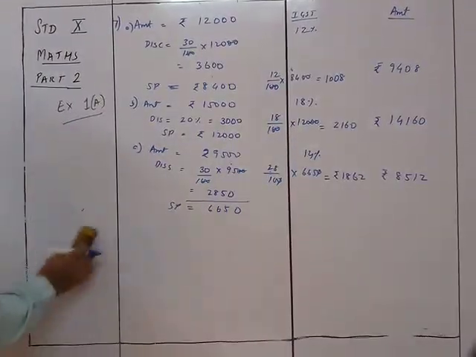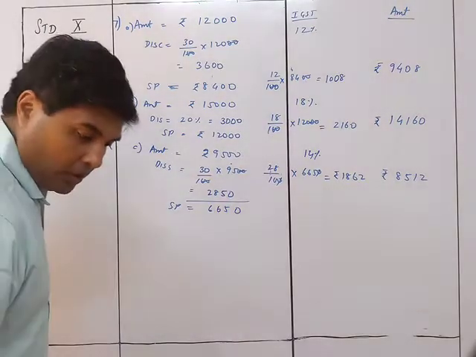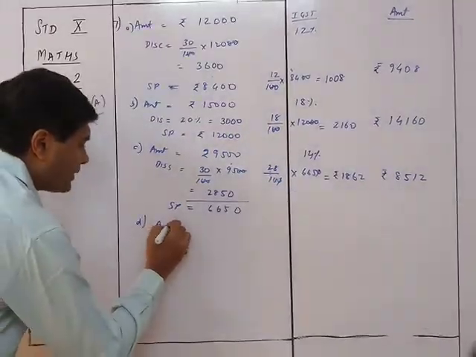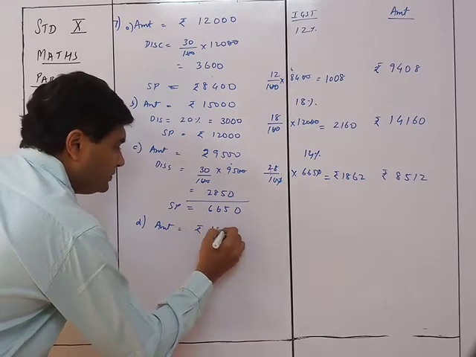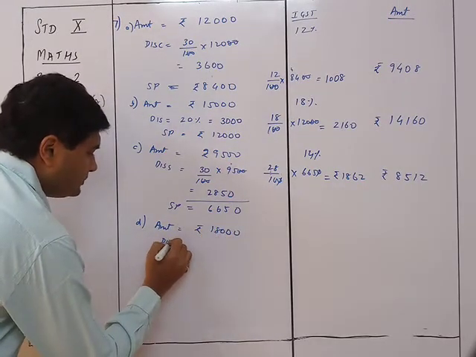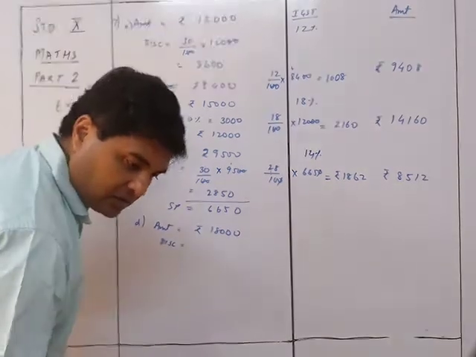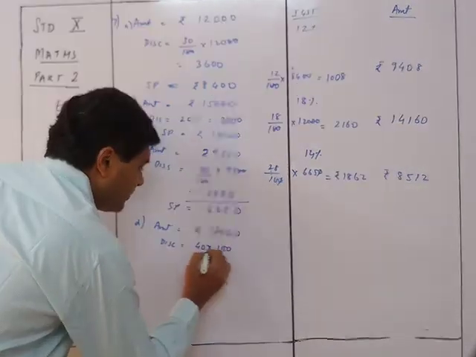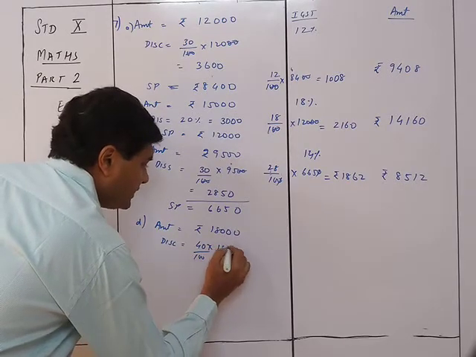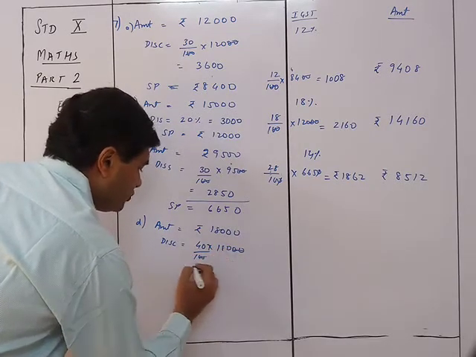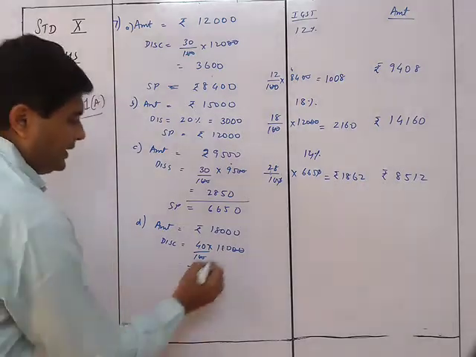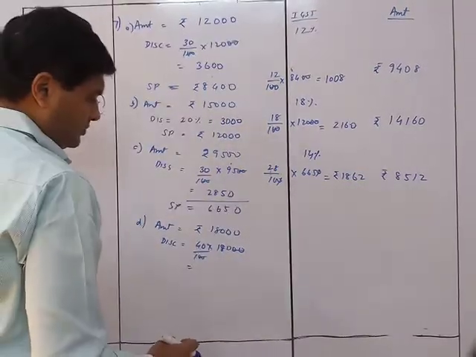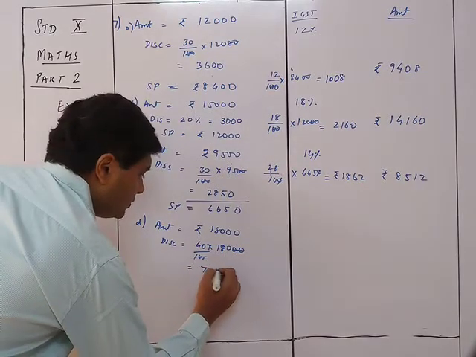Okay, that was the third item, and last item over here is 18,000. So the last item D is amount equal to rupees 18,000. Now discount is given as 40%. So 40 upon 100 into 18,000. So that gives me 18 into 4 is 72. So 7200.